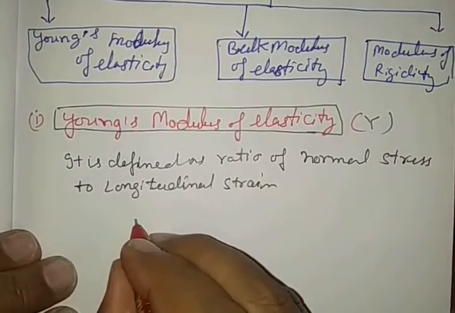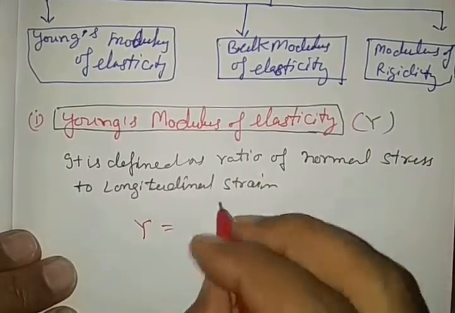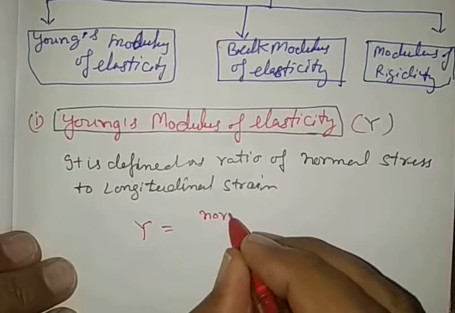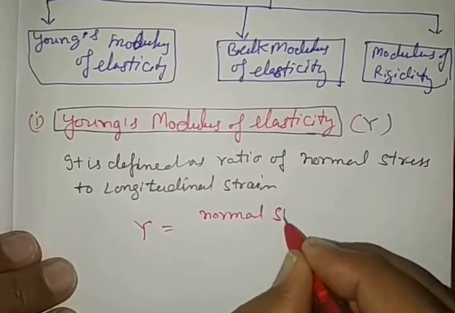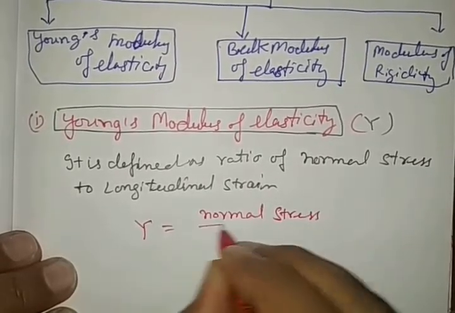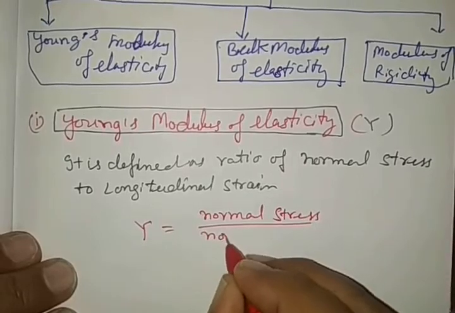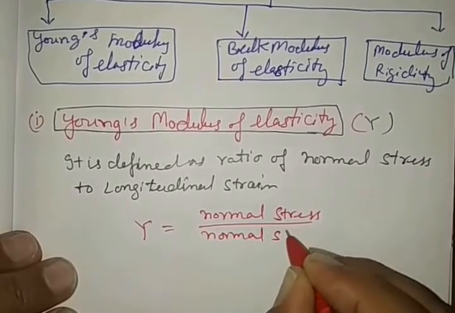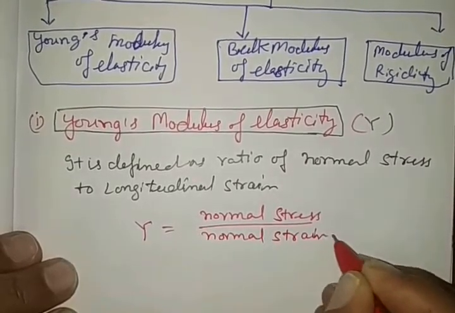Mathematically, it is denoted by gamma is equal to normal stress to normal strain.